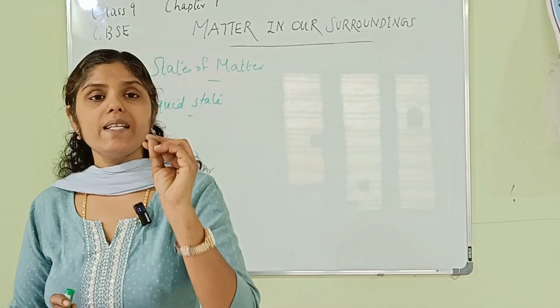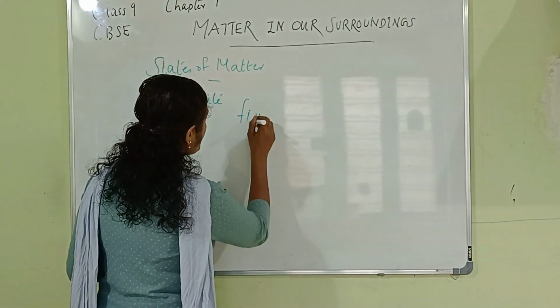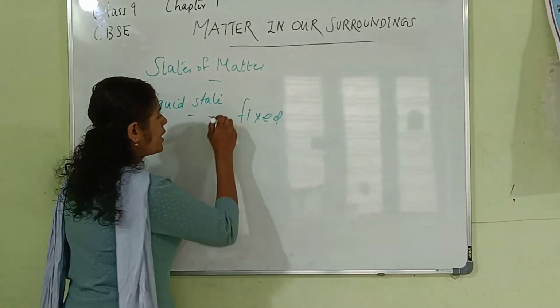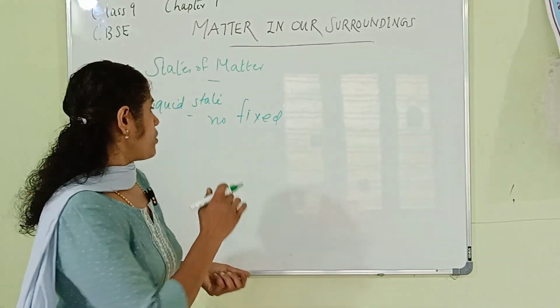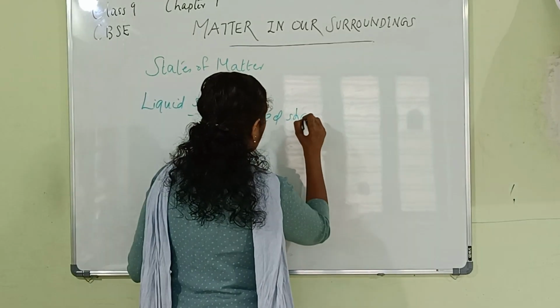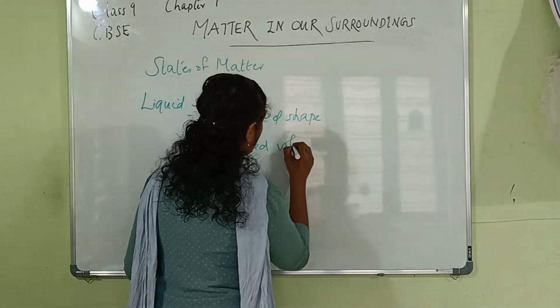Second one, they don't have a fixed shape. While considering liquids, you have noticed that they took the shape of the container into which they were filled. So they don't have a fixed shape, but they have a fixed volume. That is the second feature.